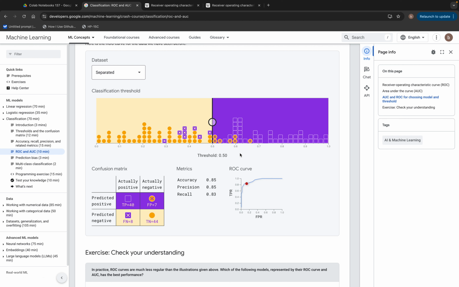Okay, so in that case, what's going on? We're operating right about here. Let's see if that's a really good place to be. You can see that your sensitivity is pretty good. Your sensitivity, which is the same as a recall, is 0.83.